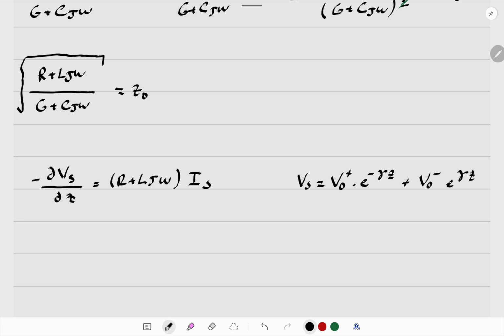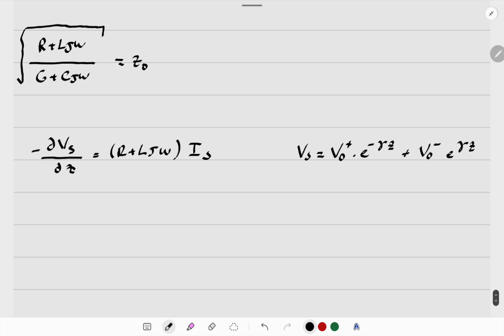You know this one, right? And also for Is, we have the same approach. Let's write it again. Also for I0, we can use it in our example right here.